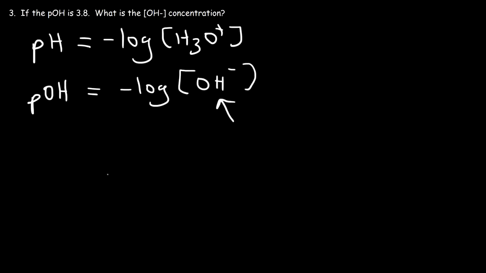So we need to solve for this. So how can we rearrange this equation? Well, let's do a basic review of logs. Let's say we have log base A of B, which is equal to C. You could change that equation from its logarithmic form to its exponential form by doing this: A raised to the C is equal to B.